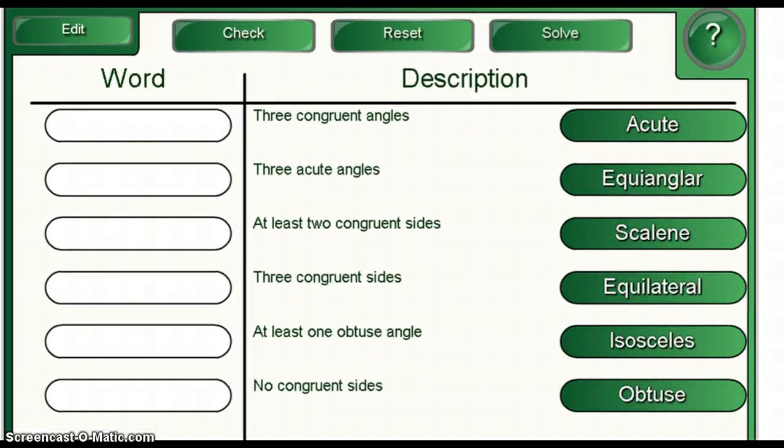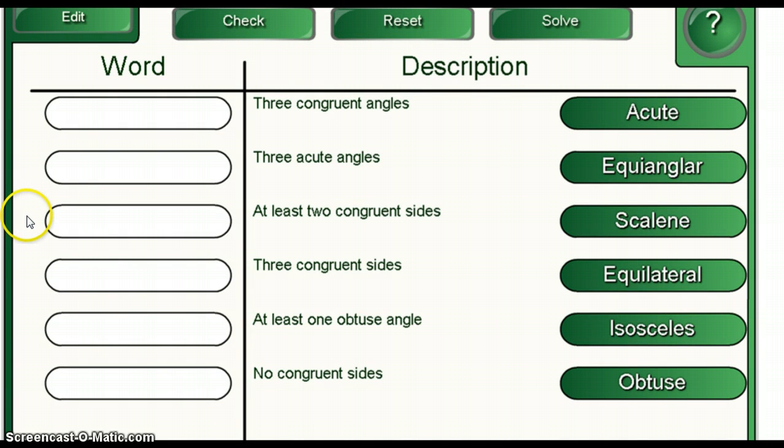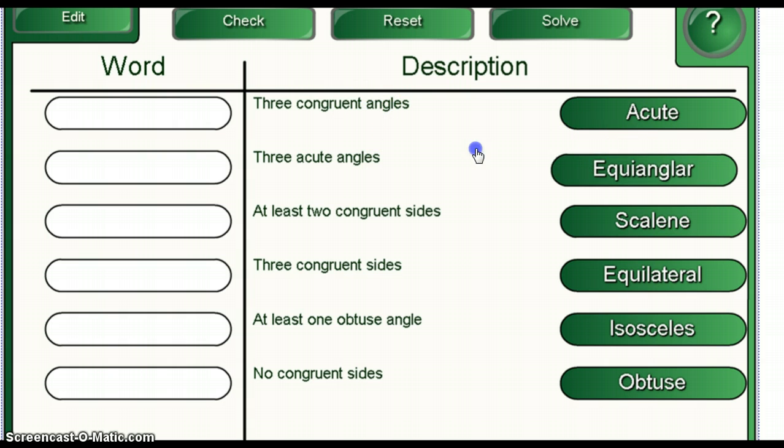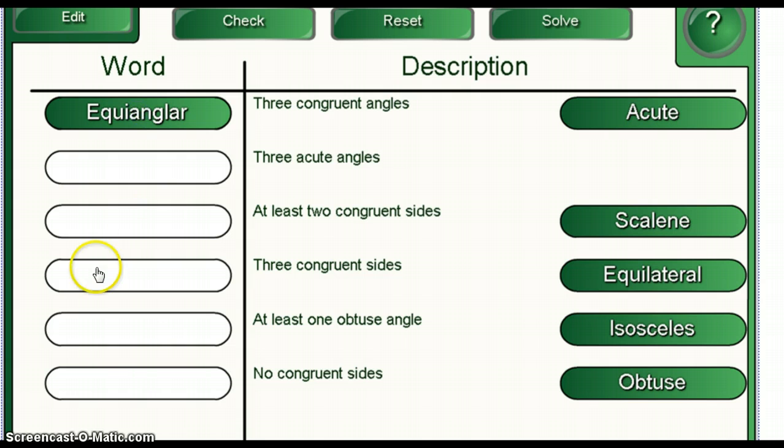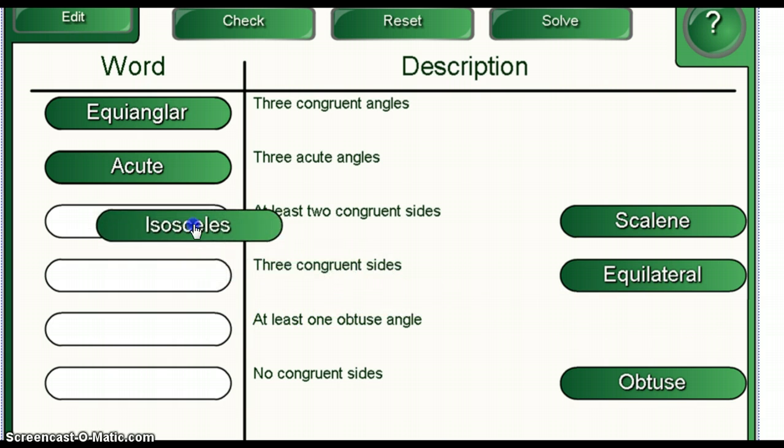So let's see if we could put together, you can't do this, but hopefully you can get it right. If it has three congruent angles, that's three angles that are the same, it has to be equiangular. If it has three acute angles, that's going to be an acute triangle. If it has at least two congruent sides, that's the definition of isosceles.